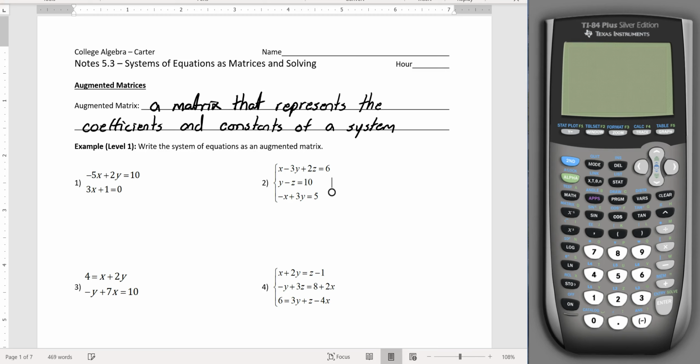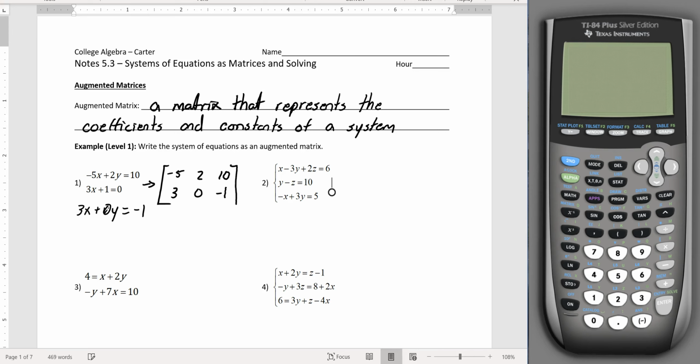So, looking here at letter 1, negative 5x plus 2y equals 10, 3x plus 1 equals 0, we can write that as a matrix where it would be a 2 by 3 matrix: negative 5, 2, 10, 3, no y. Notice we have this equal sign here, so I would have to rewrite this as 3x plus 0y equals, that means I would have to move that over, negative 1.